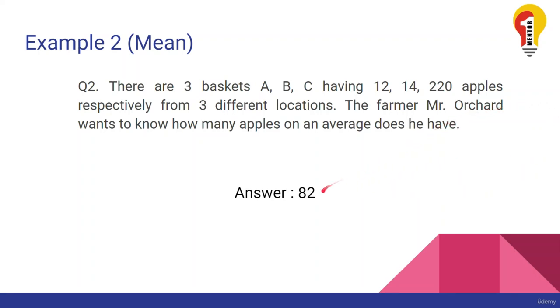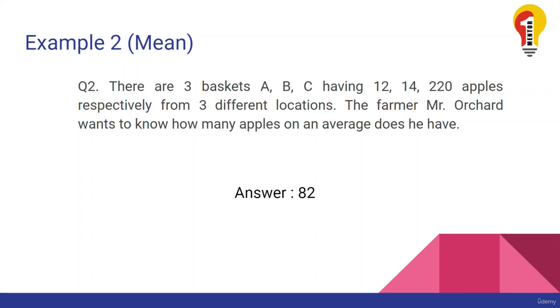Well, it doesn't seem so. We have 12 from A and 14 from B. So is the question wrong, or did I teach the wrong formula? Don't get scared. The question and the formula are right, and 82 is the correct answer.